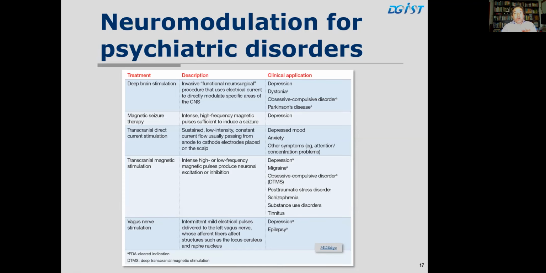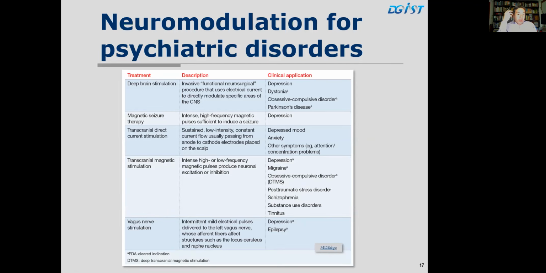Intense high or low frequency magnetic pulses produce neuronal excitation or inhibition for a variety of clinical applications: depression, migraine, OCD, obsessive compulsive disorder, PTSD, post-traumatic stress disorder, schizophrenia, substance use disorders, and tinnitus, which is a ringing in the ears.